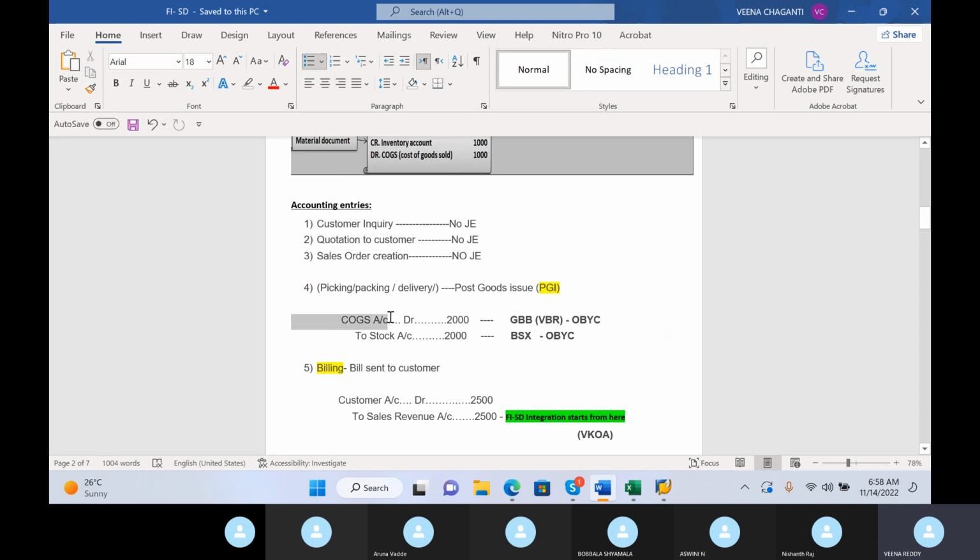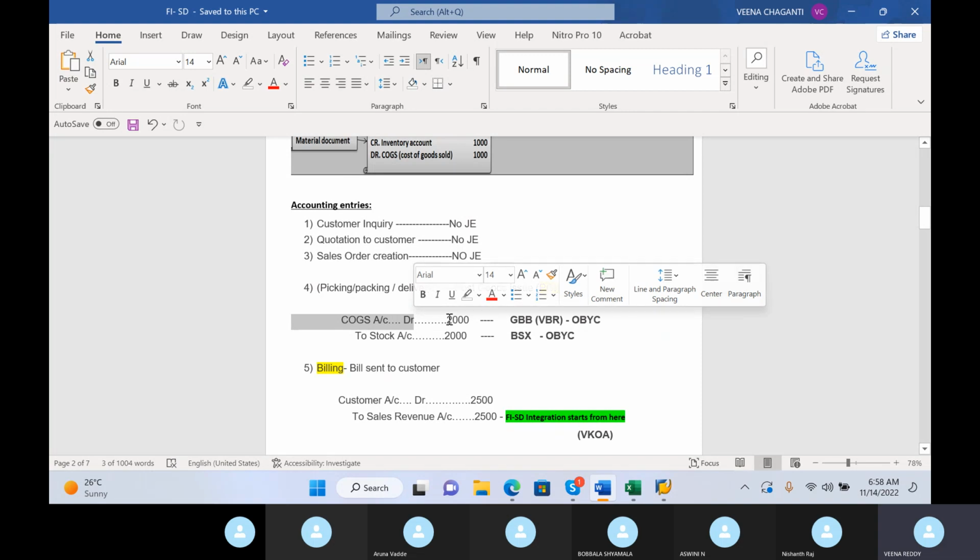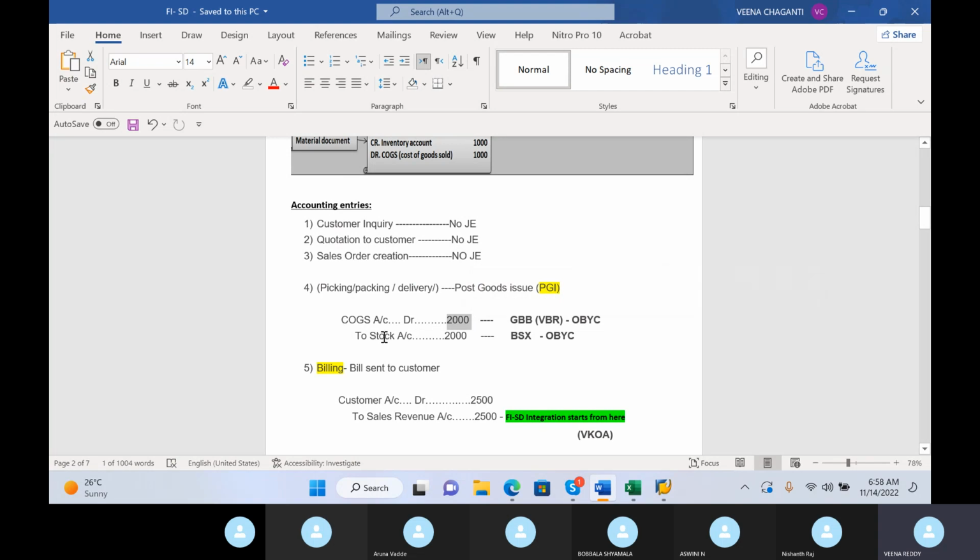For example, we'll take 2000. Stock is going out, right? So the stock will go to credit, because stock is going out. According to the real account, what receives is debit, what goes out is credit. So stock is going to credit.